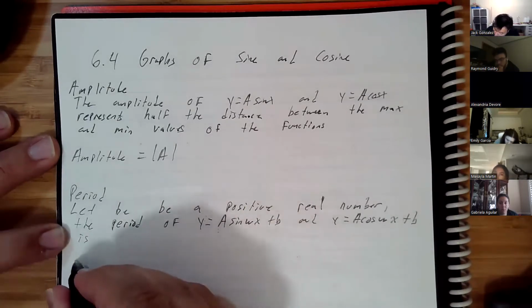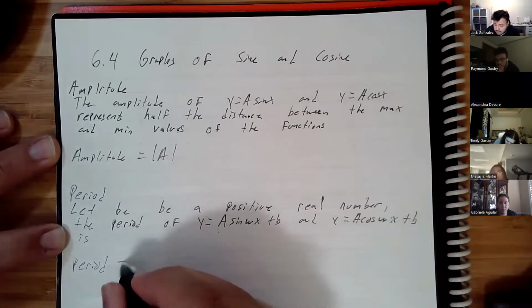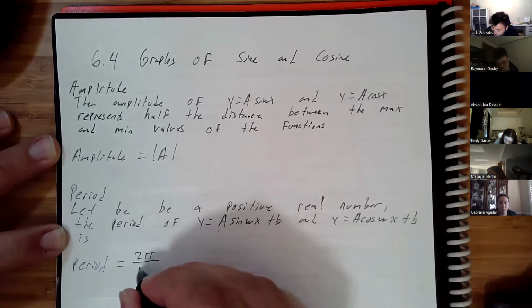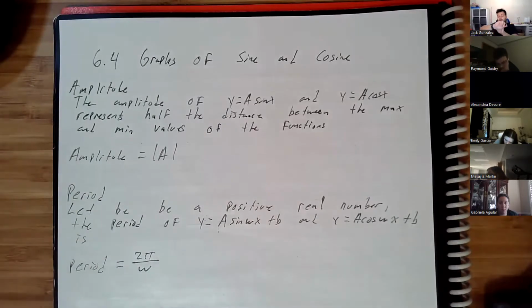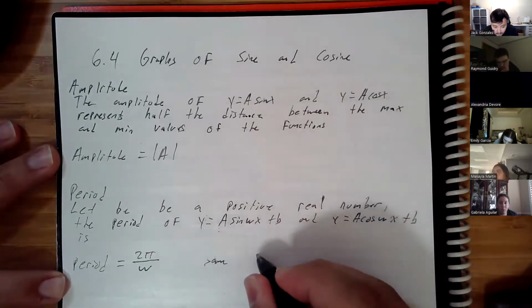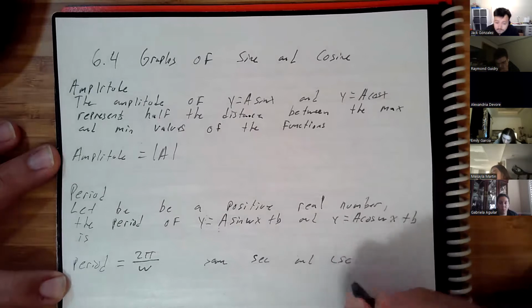So this is the period. That's going to equal 2 pi divided by omega, or w, whatever. This will be the same for secant and cosecant.